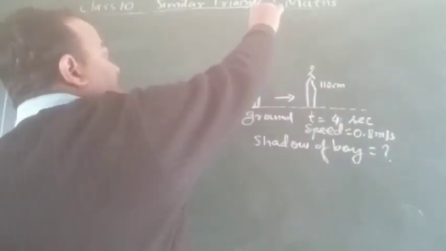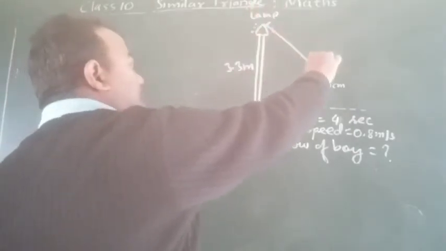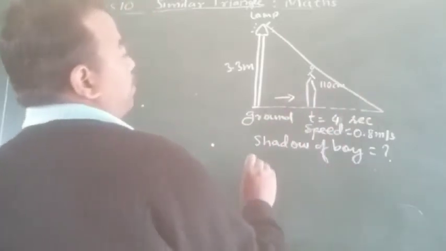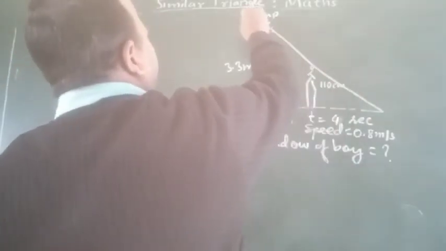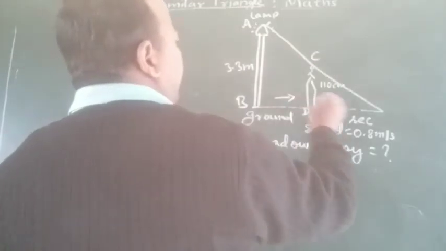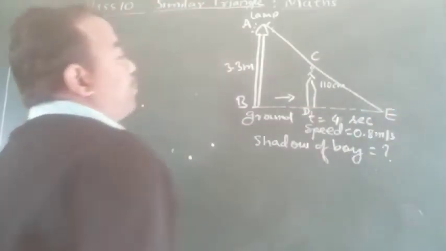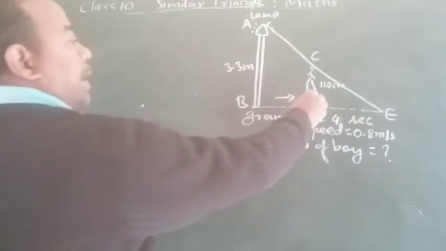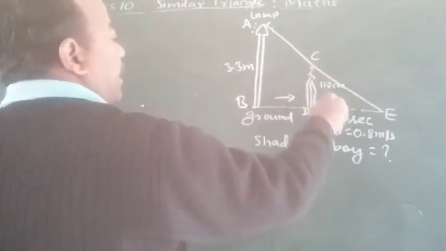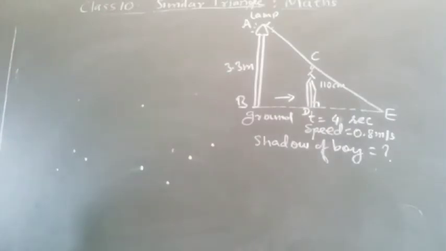So look at this: the head and this head join, and it will go straight forward and touch this one. Suppose it is A, B, C, D, and E. This boy is also perpendicular, so it is taken as a straight line, 90 degree. Now look at this.